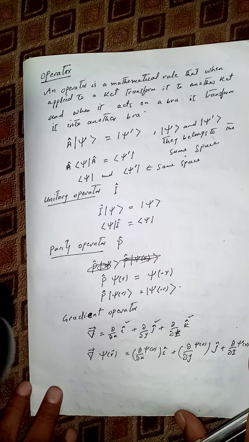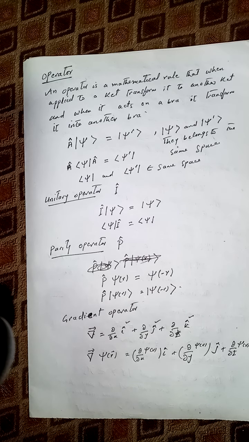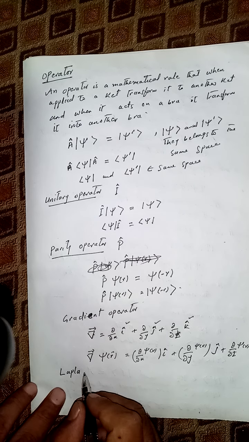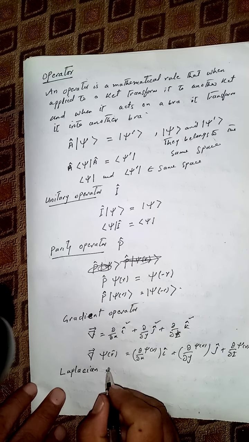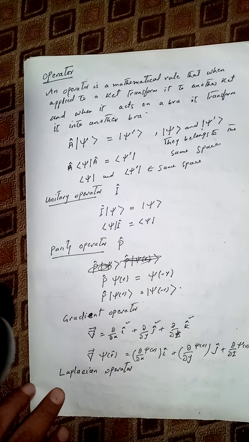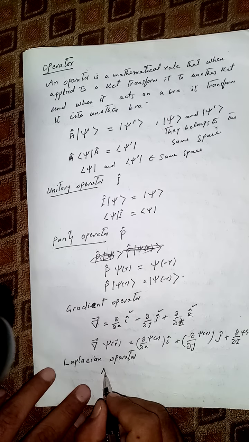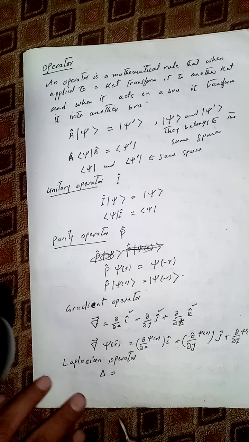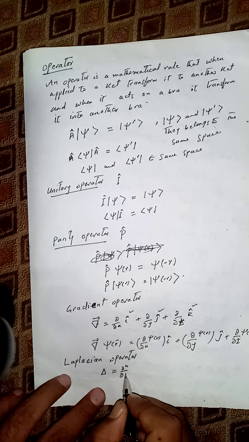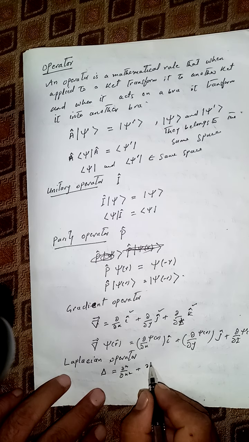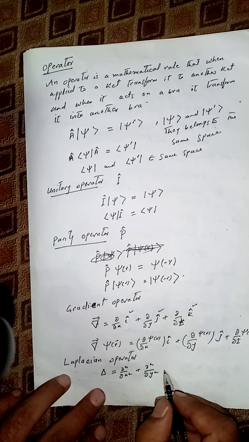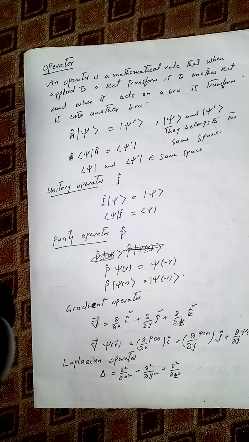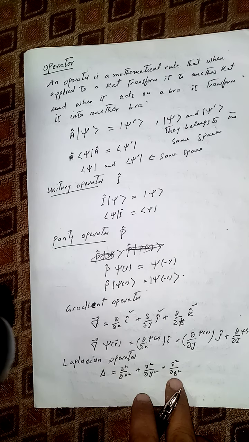And we have another kind of operator which is called the Laplacian operator. The Laplacian operator is represented by this symbol, which is equal to partial square over partial x square plus partial square over partial y square plus partial square over partial z square.